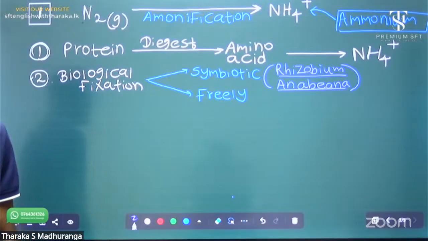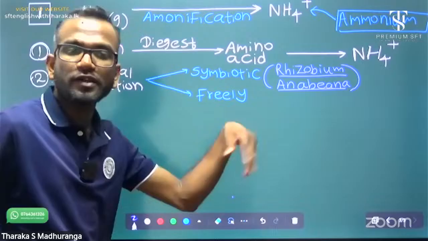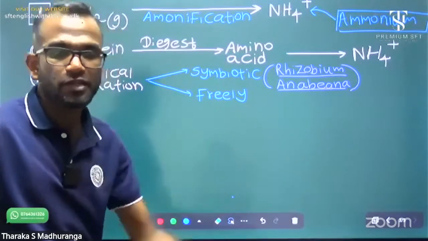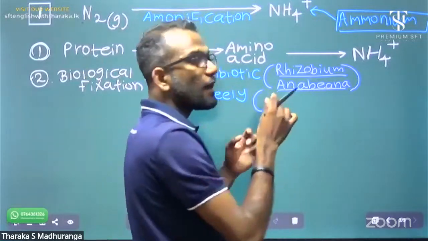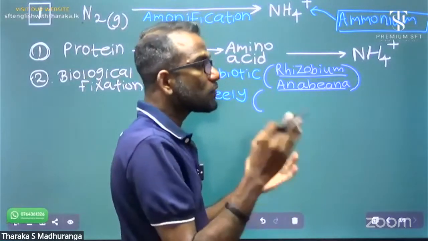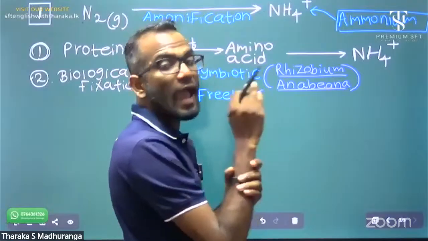Freely available microorganisms in the soil doing the nitrogen fixation process: Azotobacter. Don't mix it up with Acetobacter, which is involved in vinegar production.